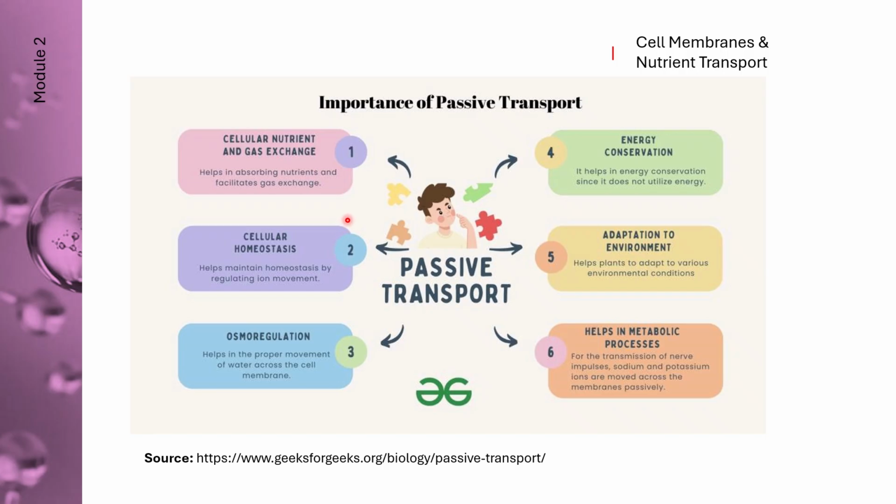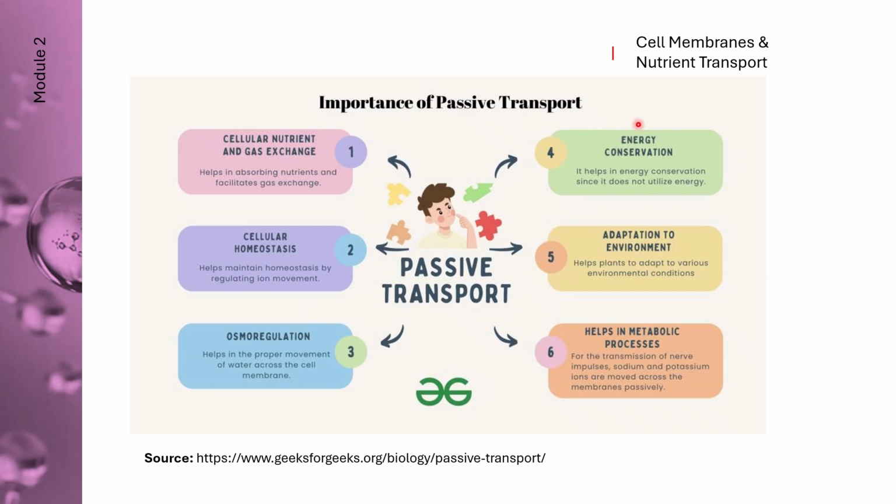So if water needs to move from a region of higher concentration to a region of lower concentration, that's osmosis. It needs to happen freely, and passive diffusion makes it possible. The same idea applies to osmoregulation, water regulation and the free movement of water.